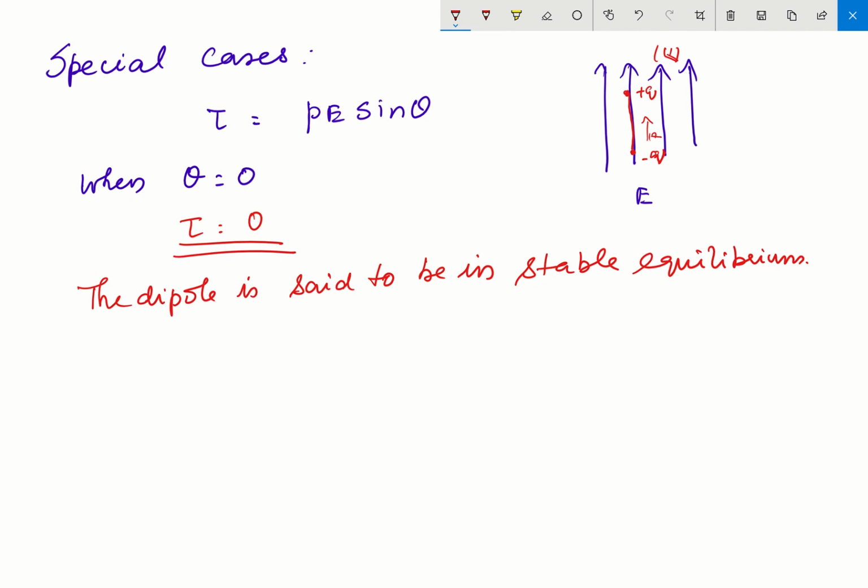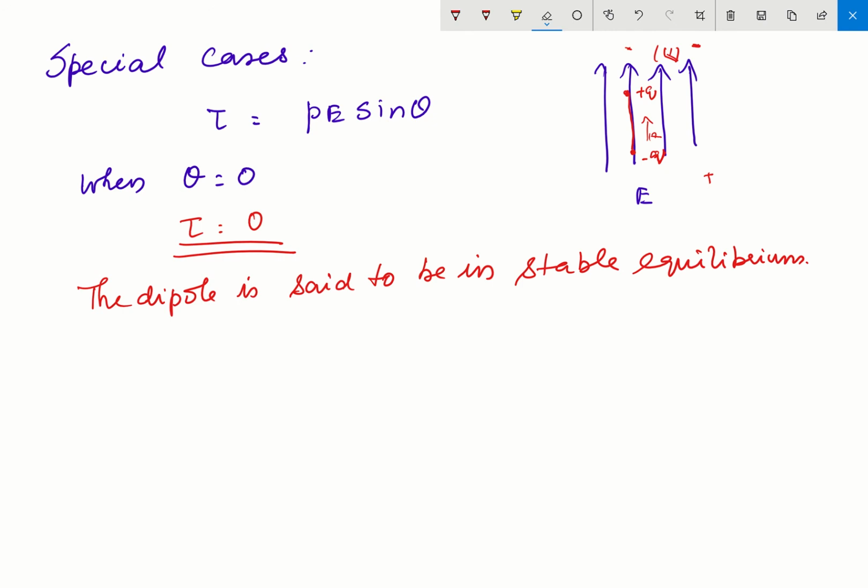Why stable equilibrium? See, this side is negative and here it is positive, because electric field lines go from the positive to the negative side. So plus q is attracted towards the negative side and minus q is attracted towards the positive side. So they are very comfortable. Therefore, they will stay there forever, at rest.